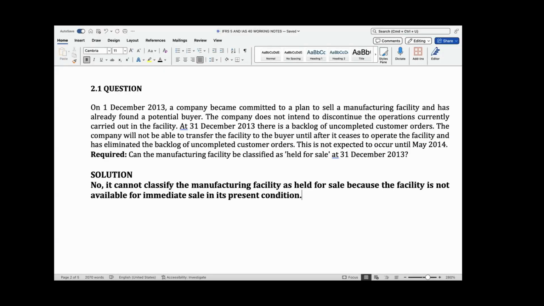So we cannot classify it as held for sale because it is not available for immediate sale.